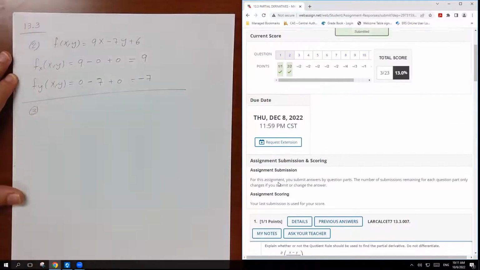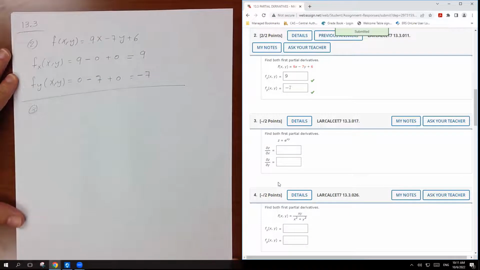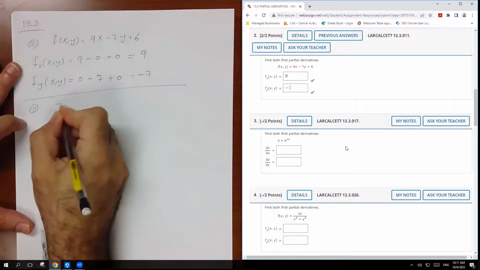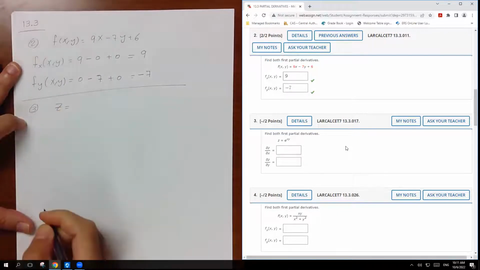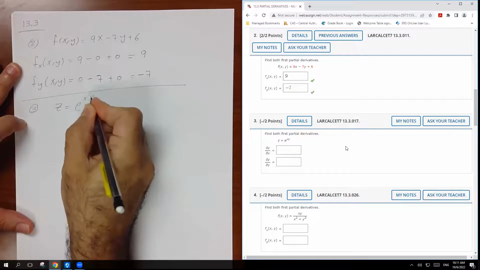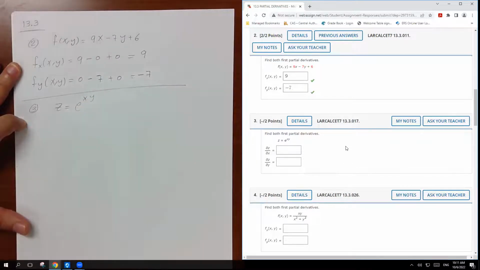Let's check the third one. And we're going to find the derivative for the third one. Now we have an exponential function. So to find the derivative, it's z equals e to the xy.